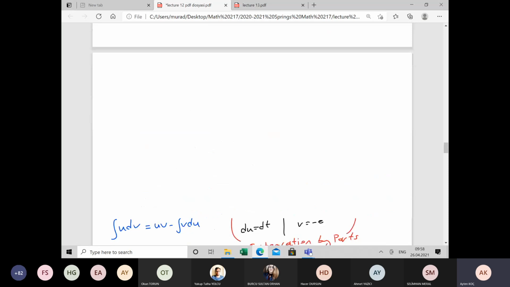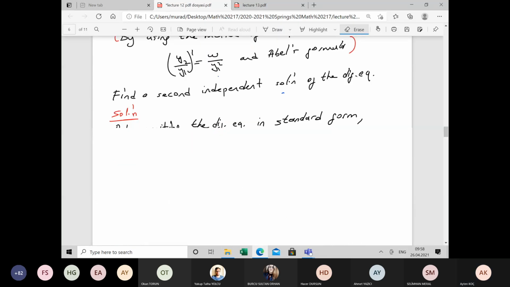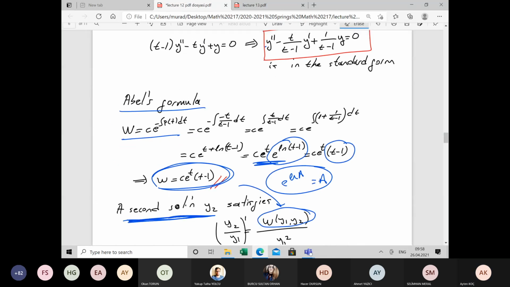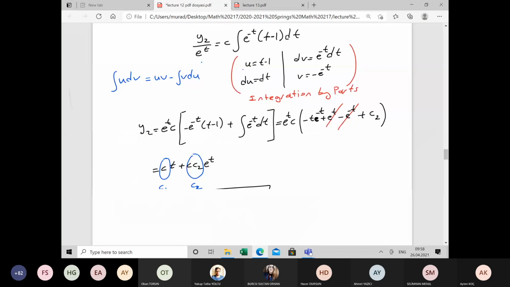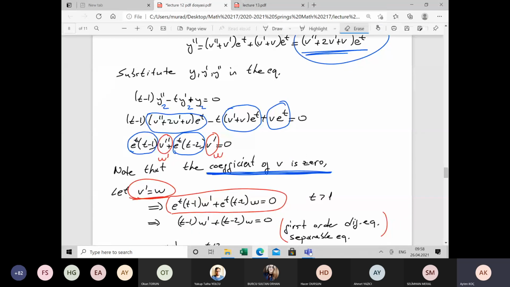Also, let's come back to our question. Consider this differential equation with t greater than 1. Be careful. We know that t is greater than 1.